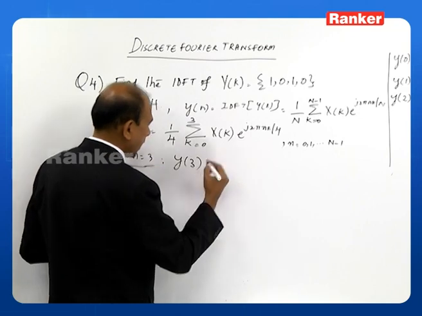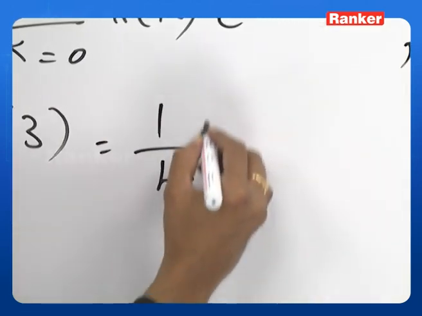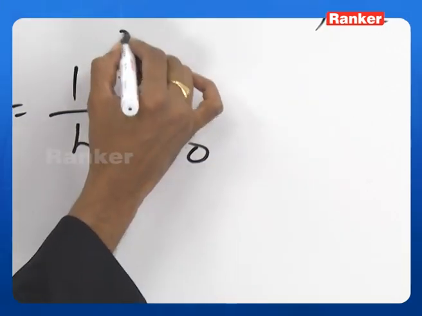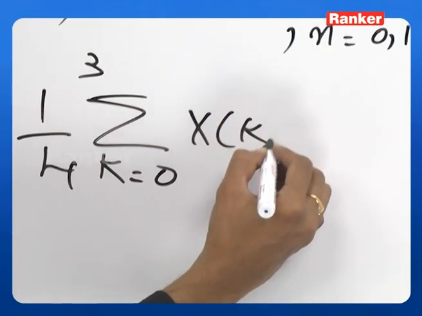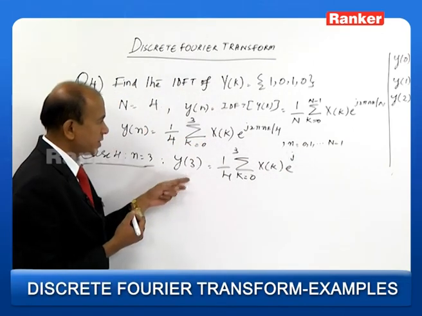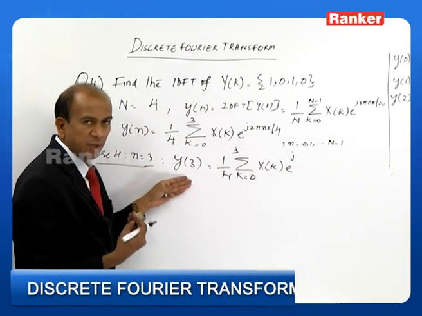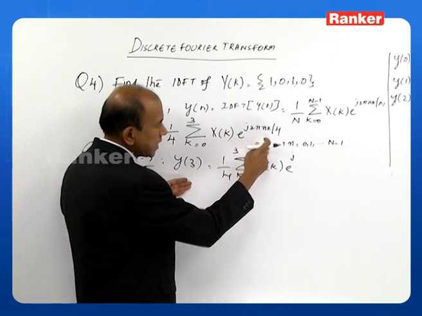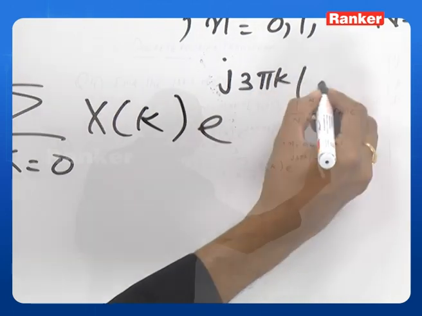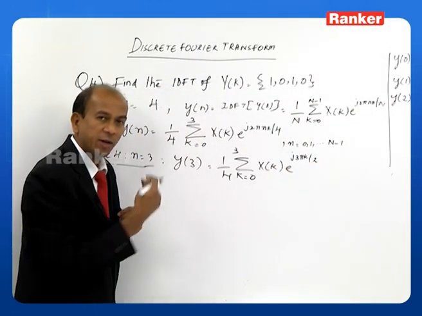Let us put there again the formula 1 by 4 summation k is equal to 0 to 3 x of k, now e to the power of j. Okay, for us n is equal to 3, isn't it? So 2 gets cancelled, so this will be j 3 pi k by 2. Okay, that is what we are going to put there.